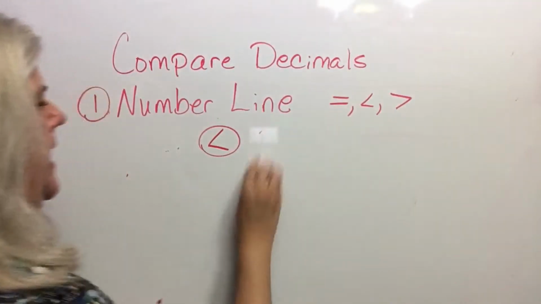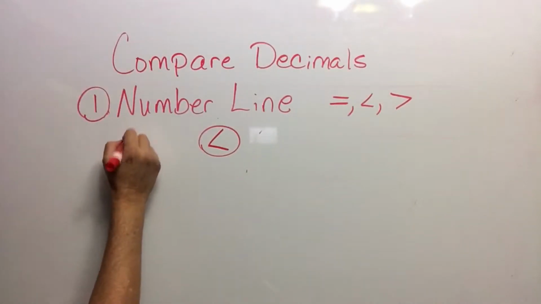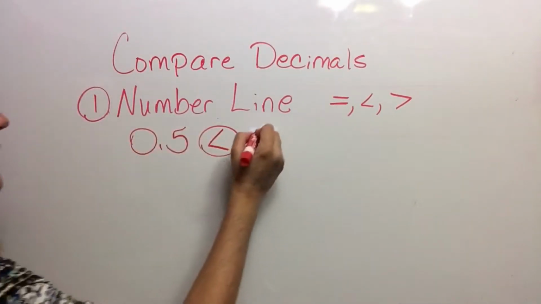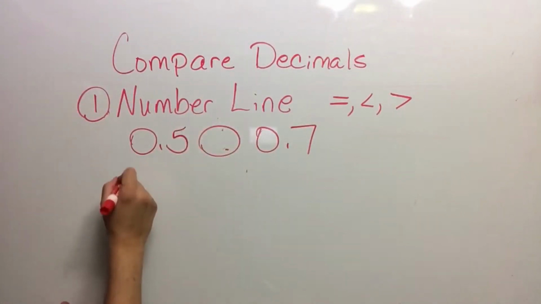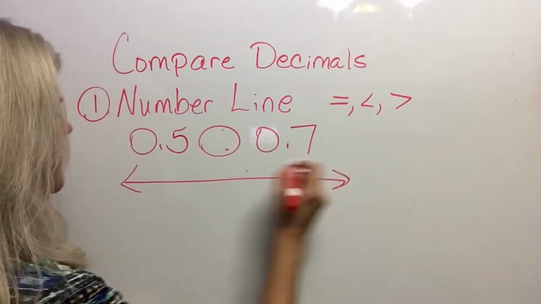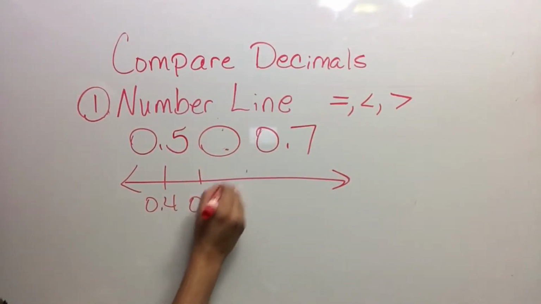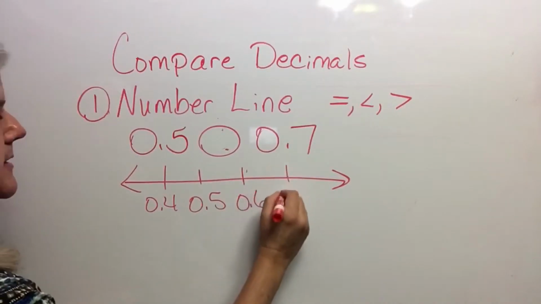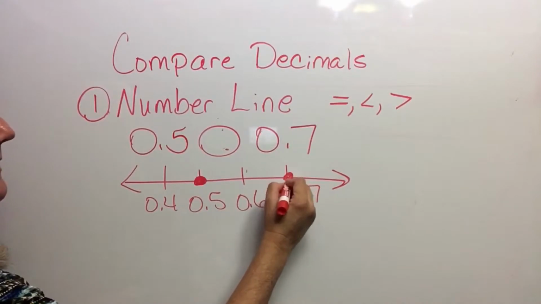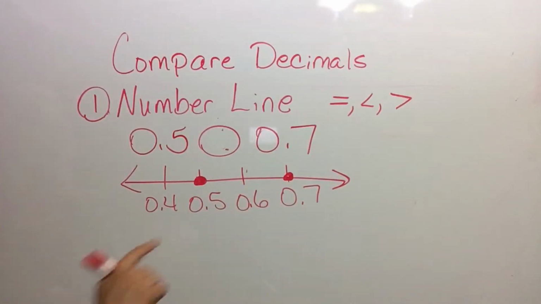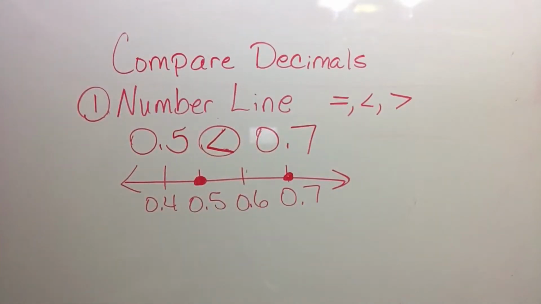We're going to look at 0.5 and 0.7. Now these are read 5/10 and 7/10. And I could say 0.4, 0.5, 0.6, 0.7. And if I find 5/10 and 7/10 on the number line, I will see that 5/10 is less than 7/10.